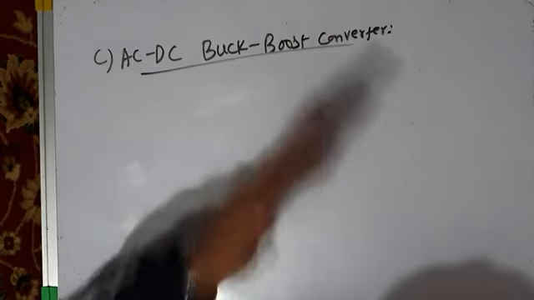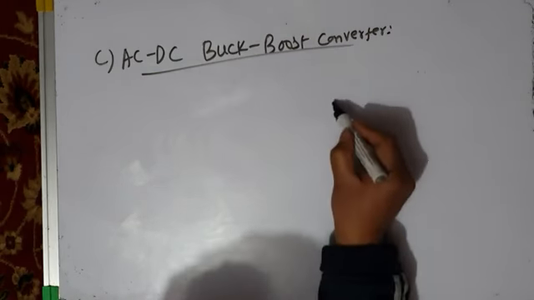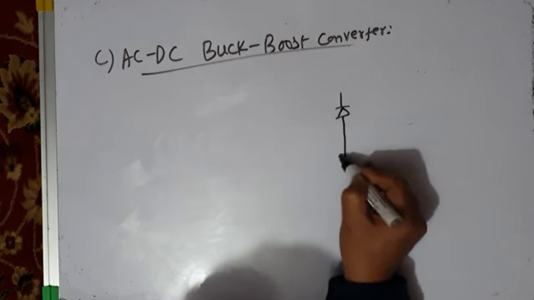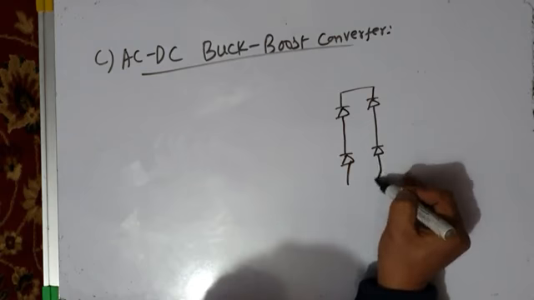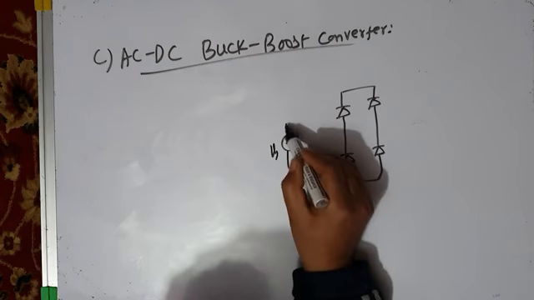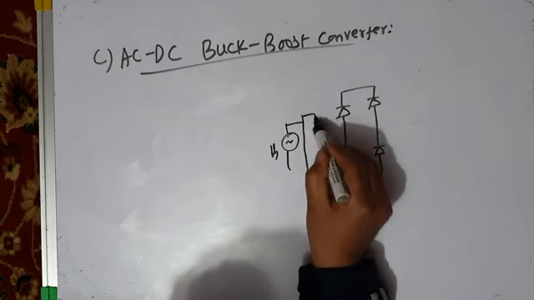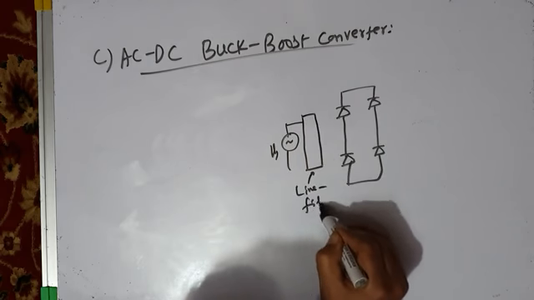Now the name itself suggests that it comprises a DC to DC buck boost converter connected to a rectified AC line. This is your rectified AC line. This is the single phase bridge rectifier which is connected to the AC source. This is source voltage Vs, and this is your line filter.